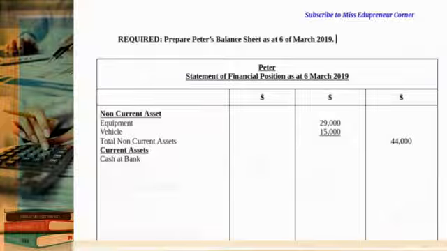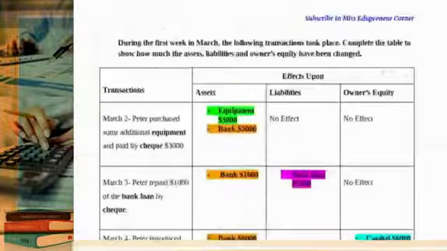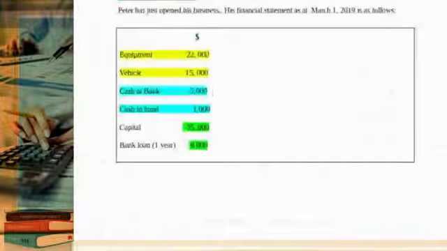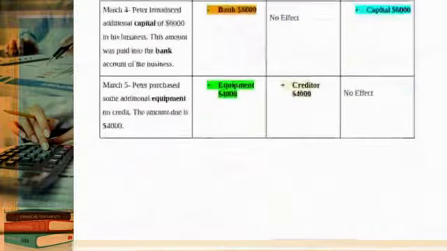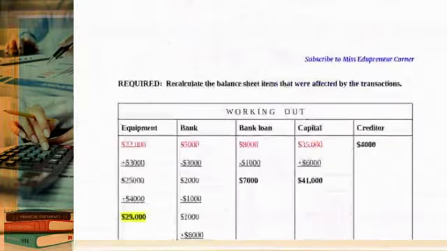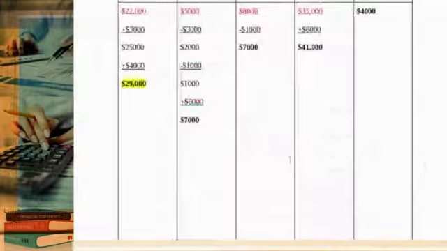So again, we have two figures for cash at bank. We had an old one in the old balance sheet, which was $5,000. And after the effects, we would have calculated a new figure for bank. And the new figure is the one that we're going to use. So we're going to use the $7,000.